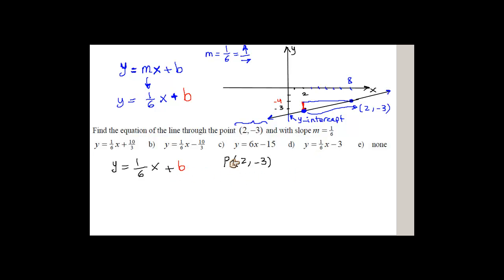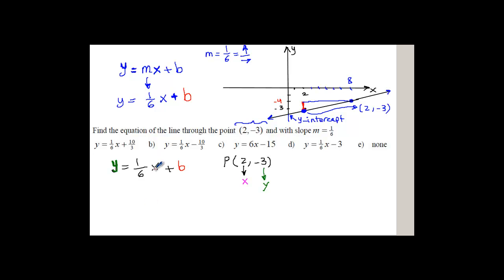If the point is given to us and we already know the slope, I can treat this given point as point P, and then this number here, 2, corresponds to x, and this number here, -3, corresponds to y. So in this case I have y here, and here I also have x.